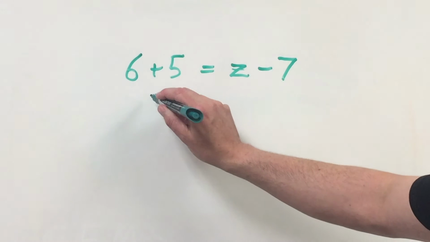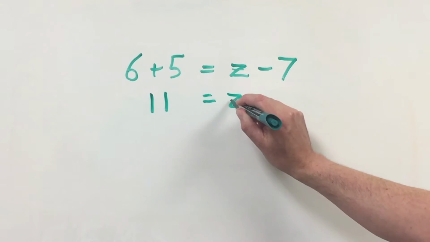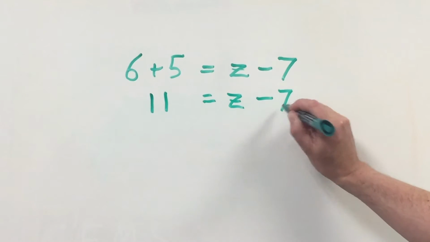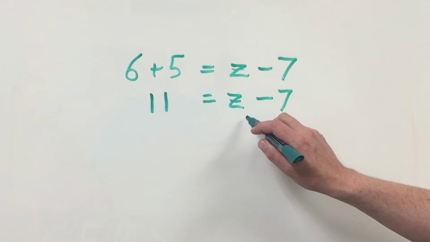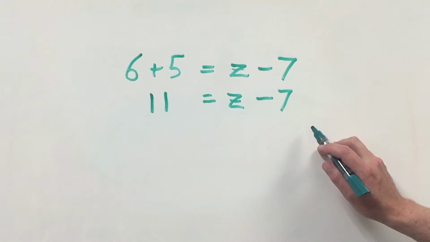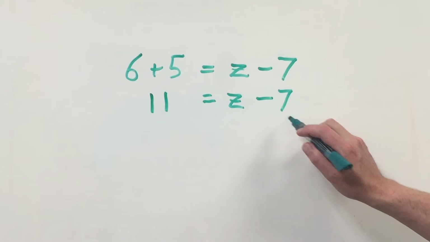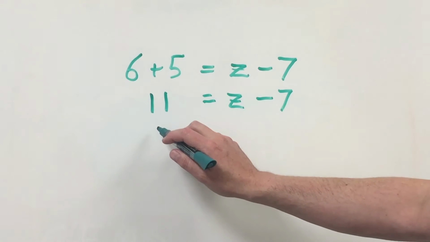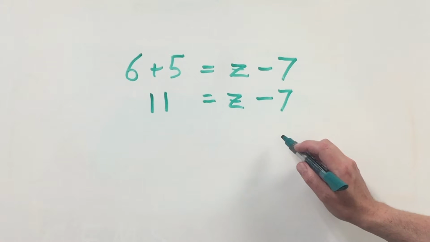So 6 plus 5 equals 11. Now remember, the coefficient for z here is 1, so we could divide each side by 1, but that wouldn't really change the equation. However, you can see that if we added 7 to each side, we could simplify the arithmetic, and the variable could be by itself.